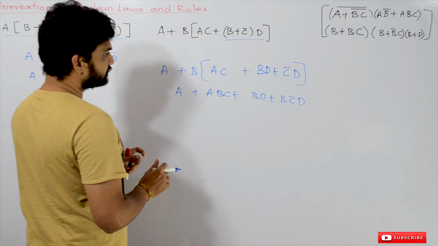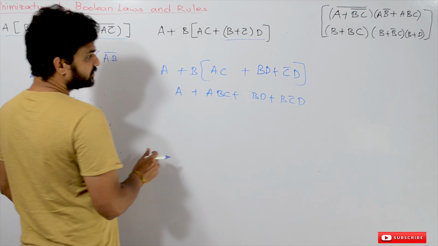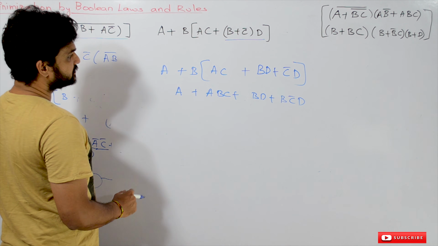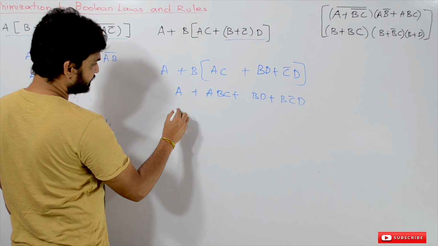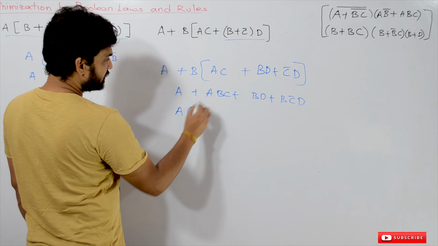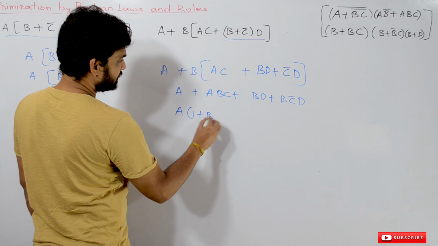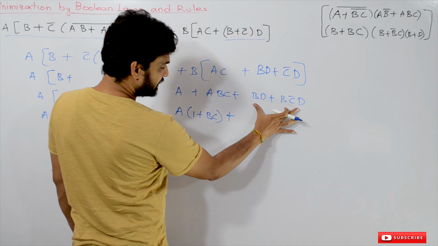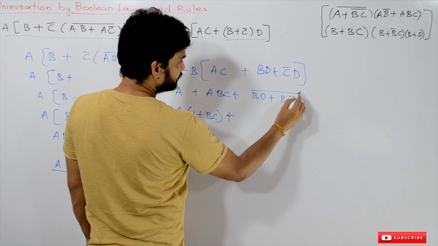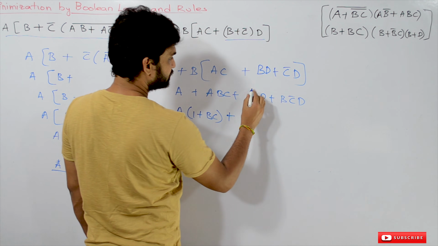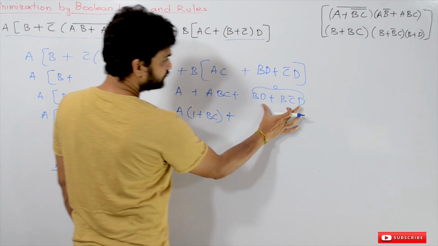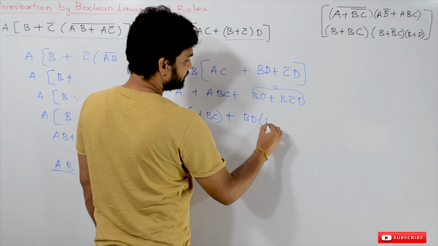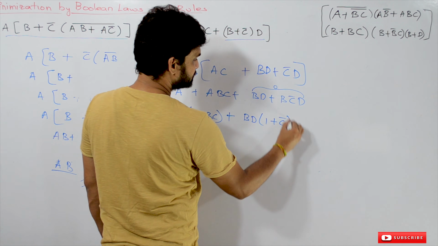Okay, now what we will do is, is there anything to bring common? Yes, from this we can bring A common, and what we are left with is A plus BC. And from these two, we are going to bring BD as common. If you bring BD as common, it is 1 plus C bar.